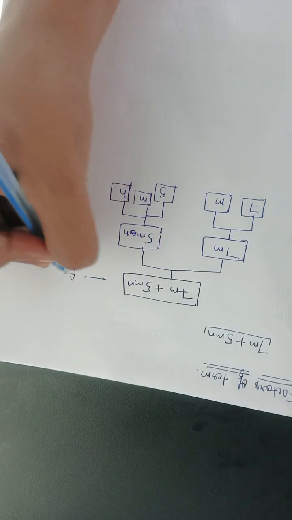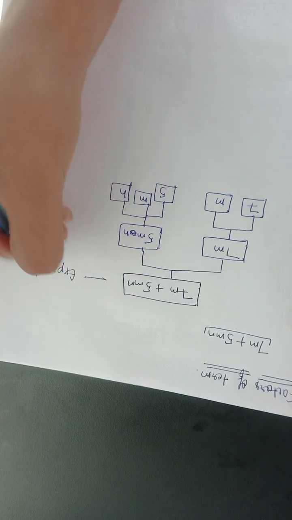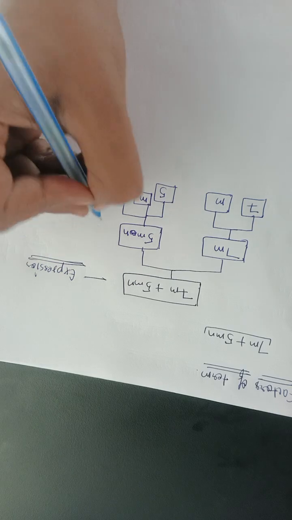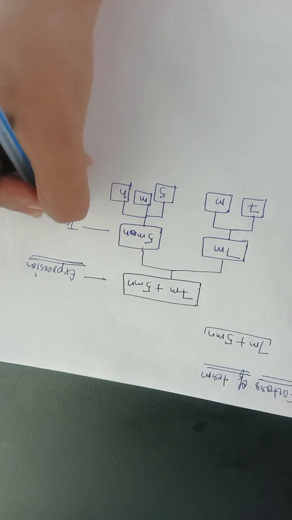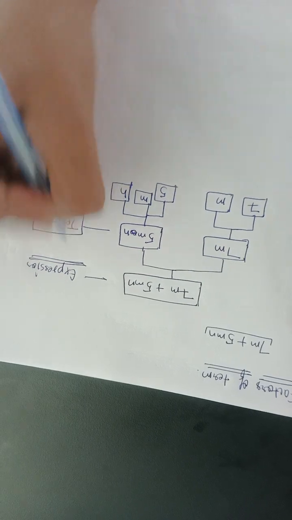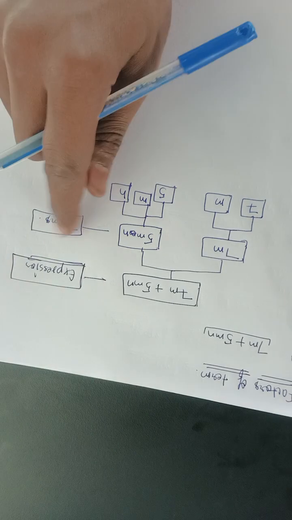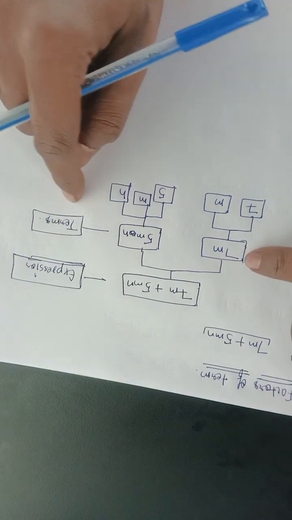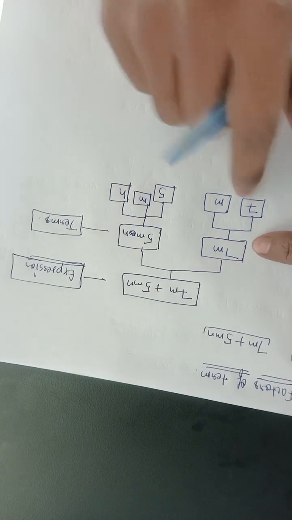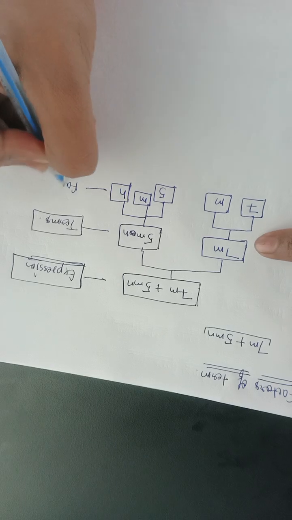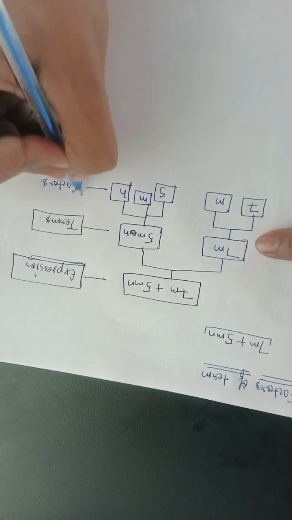Suppose this was your expression, and these are your terms. If you separate the expression, you get terms, and if you separate terms, you get the factors. Okay, is this clear?